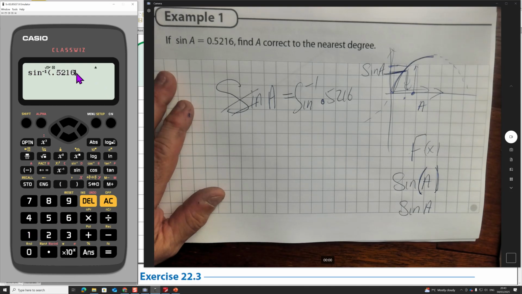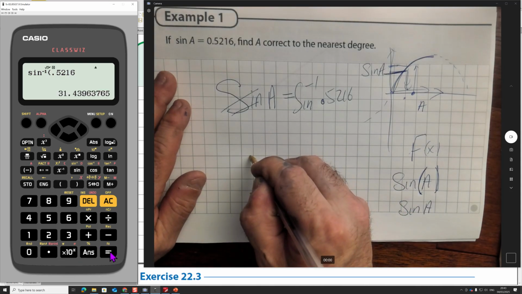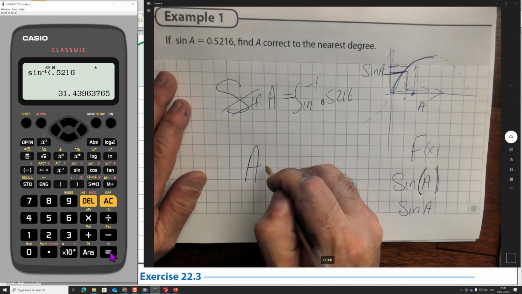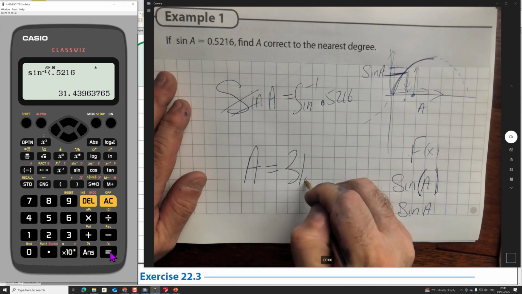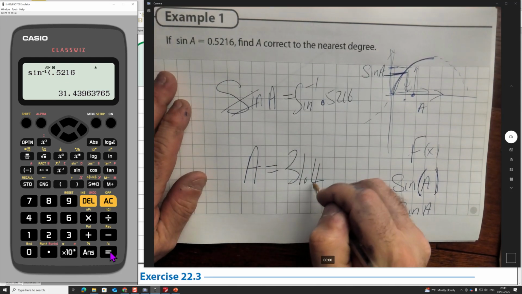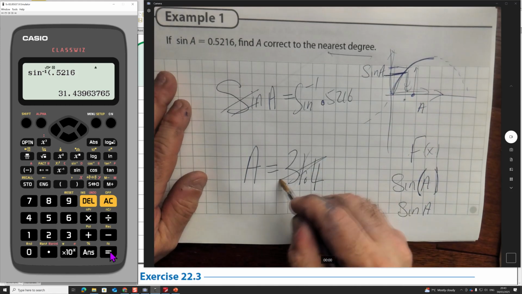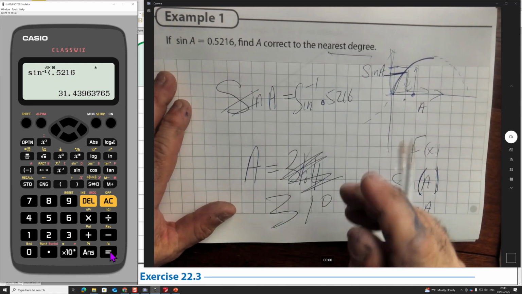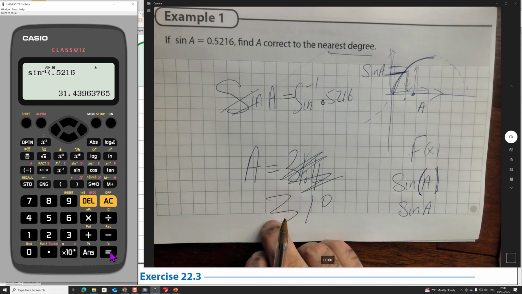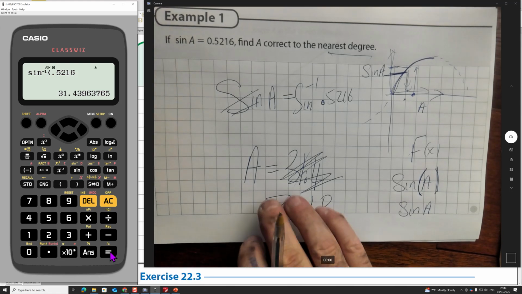It wants us to close off the argument, but let's see if we get away without doing it. Okay, and we get A equals 31.4, so to the nearest degree, 31 degrees. That's example 1.